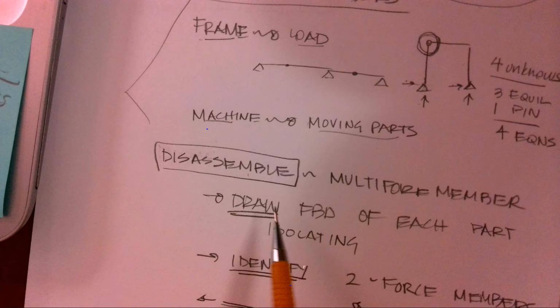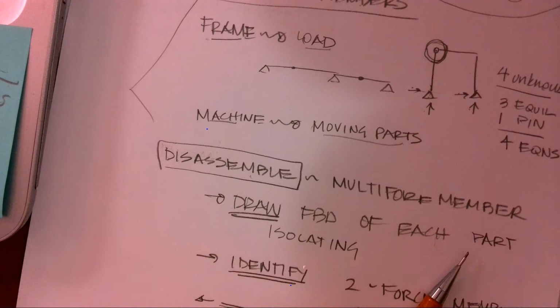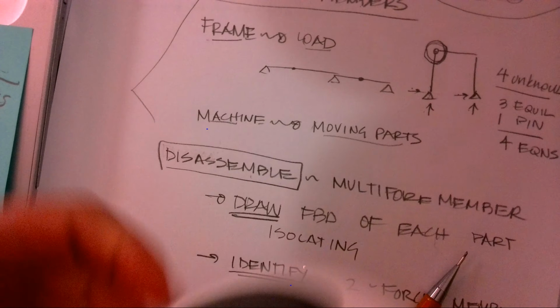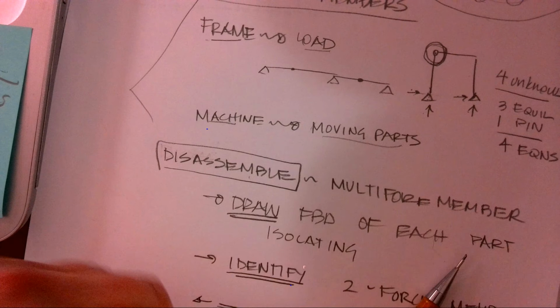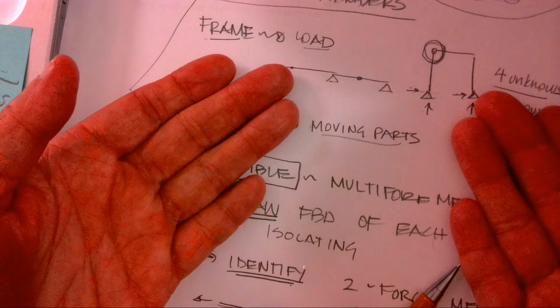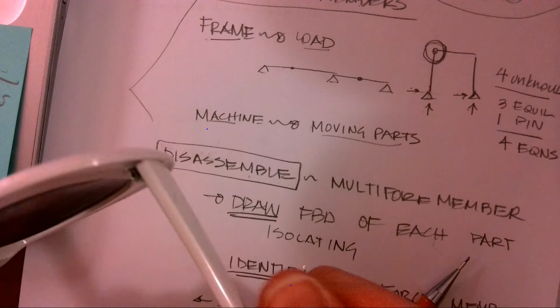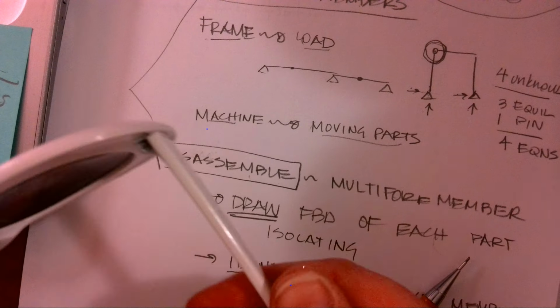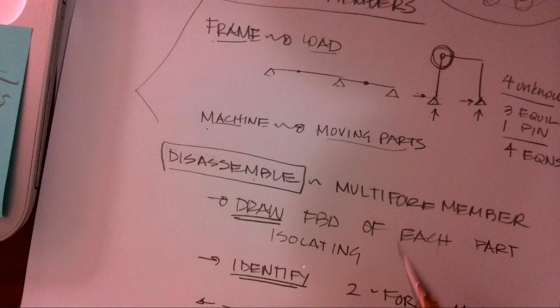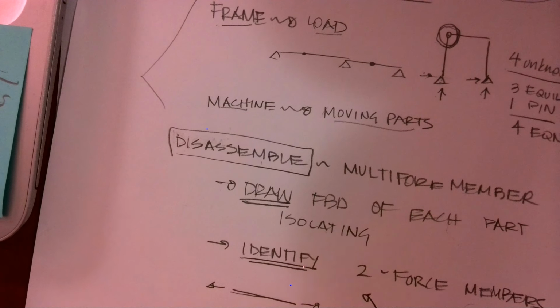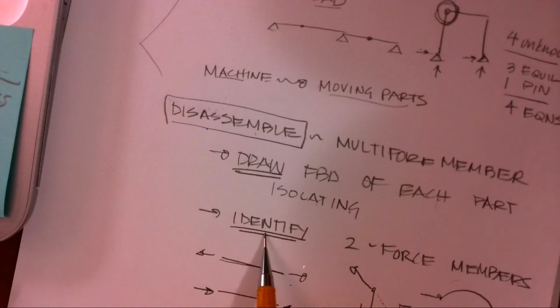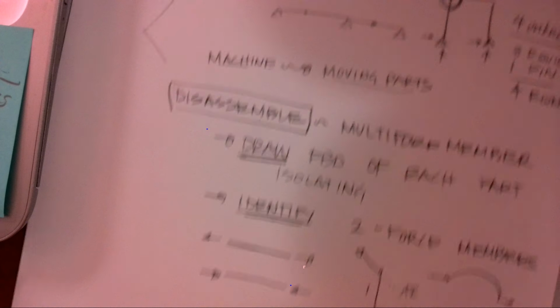We're going to disassemble that multi-force member. When we disassemble it, we can only take it apart where we could actually take our little screwdriver, unscrew it, and lay it out in parts on our workbench. We can't just cut it where we want to. That's not what we're doing yet. So we're going to isolate each part by unscrewing it in our minds and drawing a free body diagram of each part. We're going to identify any 2 force members because it simplifies our job.